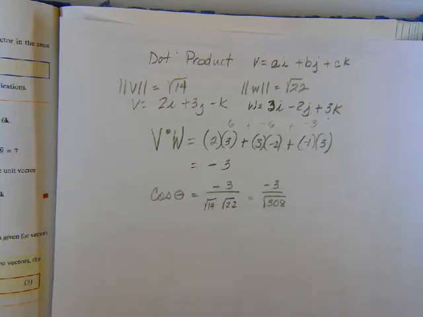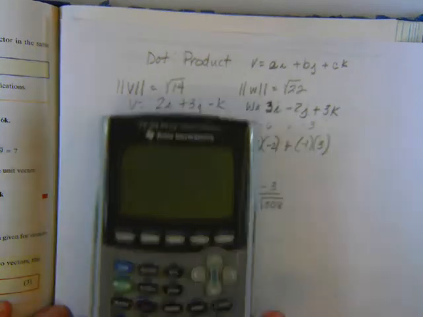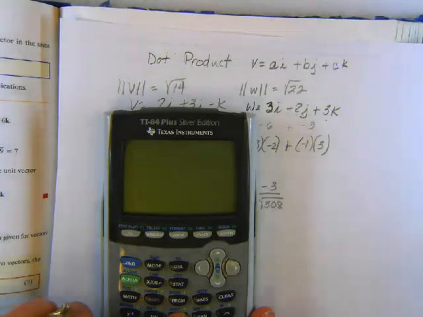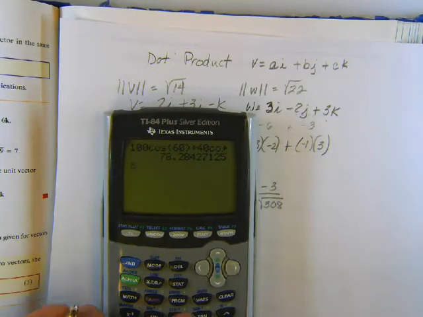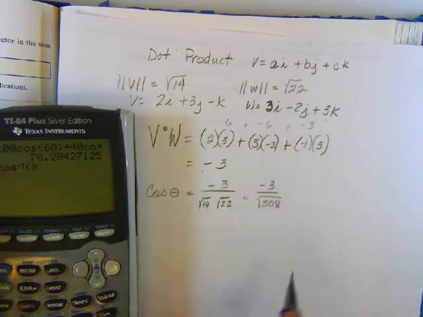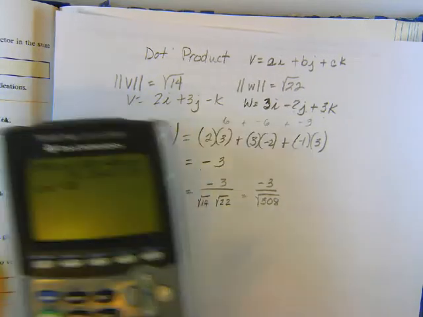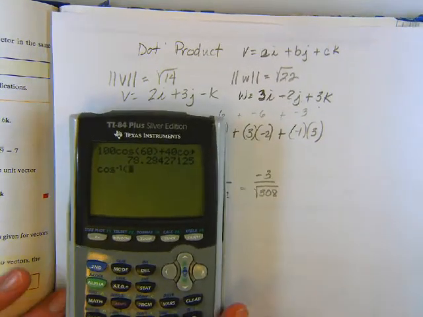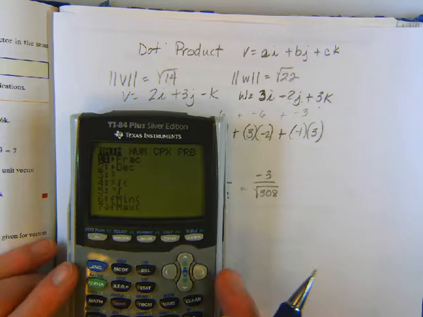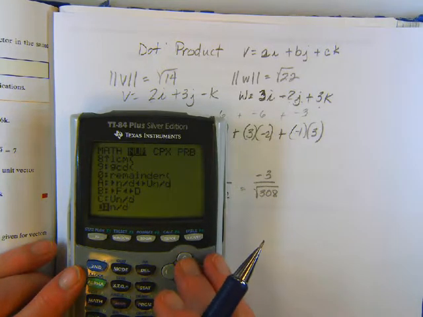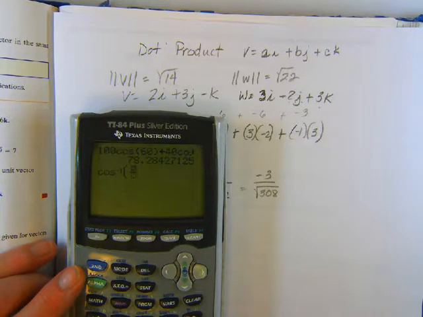Now, what am I going to do to find the angle between the two vectors? Just set up your cosine. Second, cosine. Remember, you can do it either way you want to.